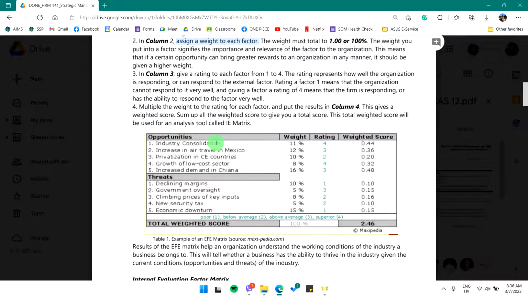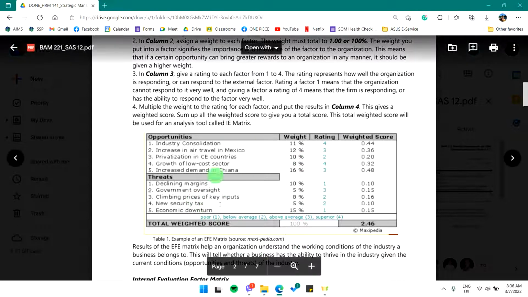Tingin ninyo gaano kalaki ang magiging epekto ng increase in air travel in Mexico sa inyong company? Tingin mo gaano kalaki ang magiging epekto ng new security tax sa ating company? That is how you do weight values. You will think, no, gaano nga ba kalaki yung may epekto na to sa aking kumpanya?